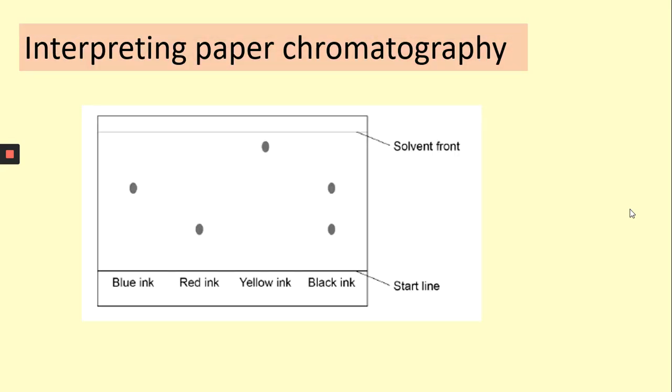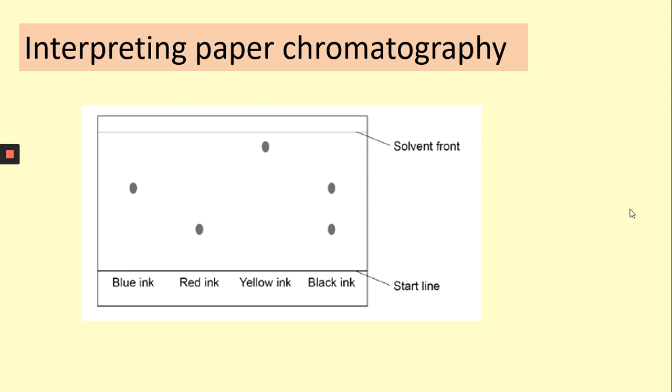So how can we interpret a chromatogram? So this is what you would probably see in an exam question. And there's several things we can get from this picture. You might actually be asked to measure things, which we're going to go through later on.